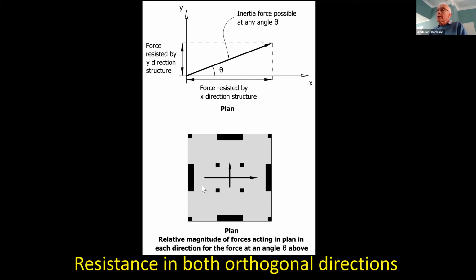And so an example of it is here. Here's a very simple building plan with 4 structural walls resisting earthquake. In the x direction, the earthquake forces are primarily resisted by this structural wall and this structural wall.